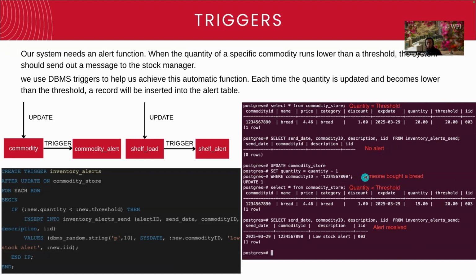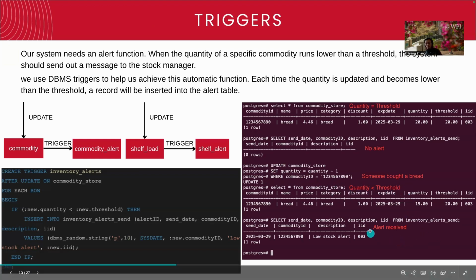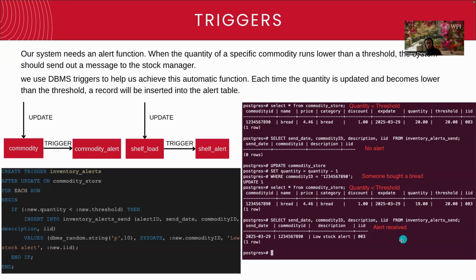Now someone bought a bread, so the DBMS executes an update statement. After the update, the quantity becomes lower than the threshold, and automatically an alert is received in the inventory alert table.